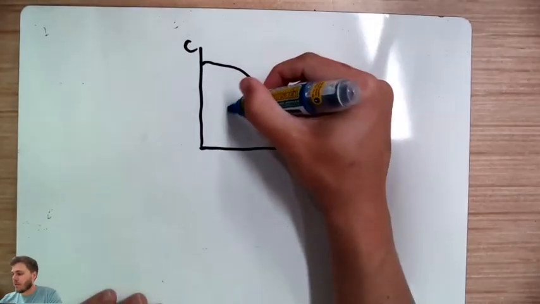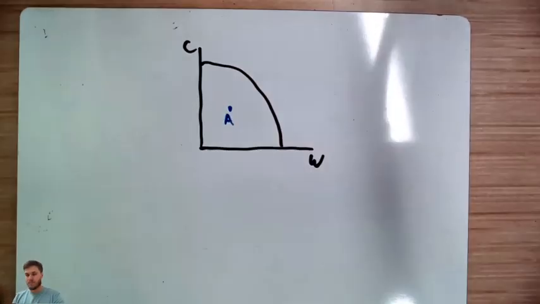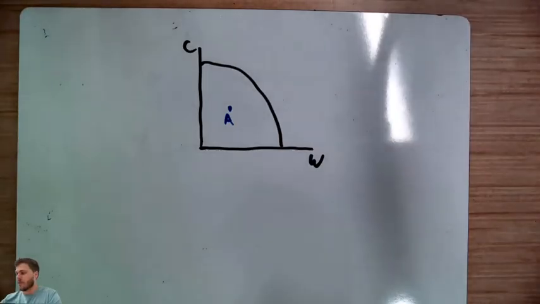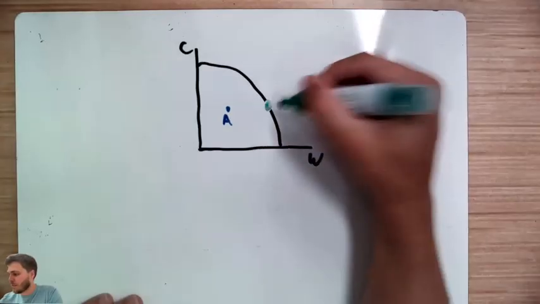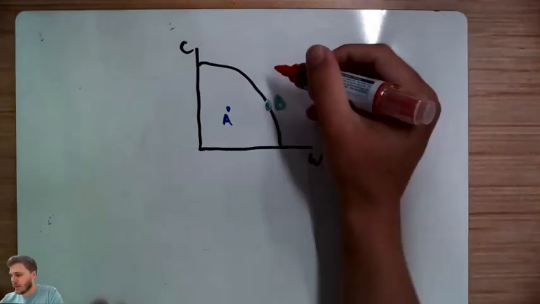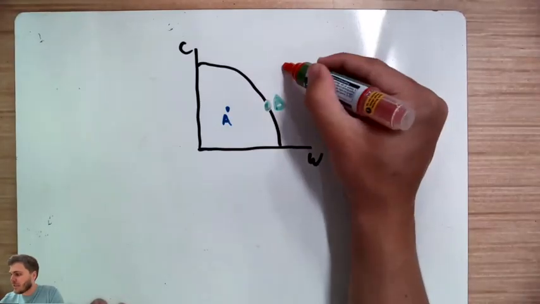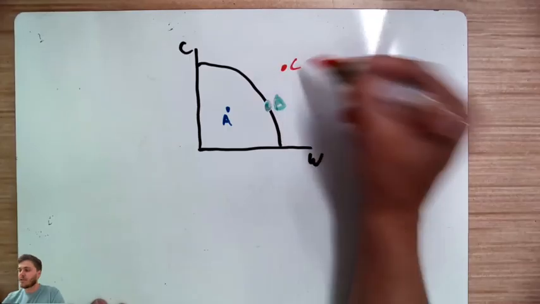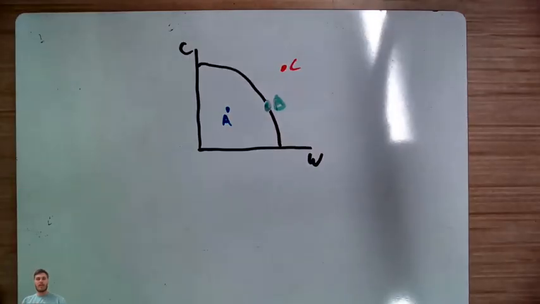I'm going to draw point A. I'll draw point B. Whoop, that's not as good of a pen. And then I'm going to draw point C outside of this. So A is inside the curve, B is right on the curve, and C is outside of it.